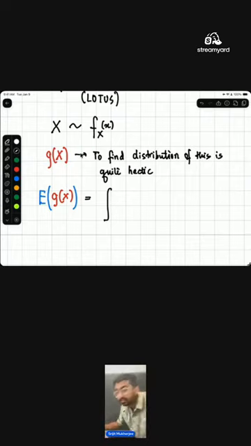Just give me a minute, guys. Yeah, it's finally charging.